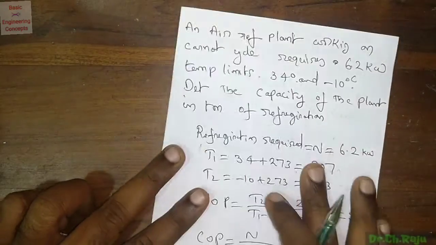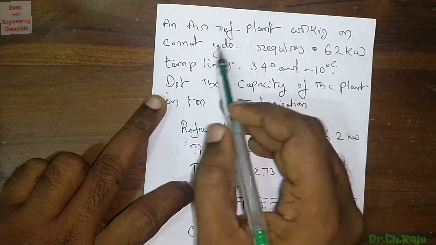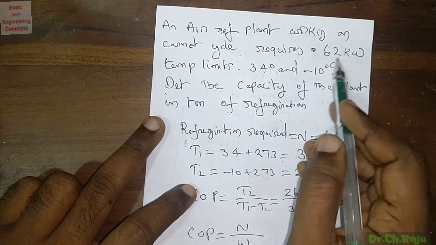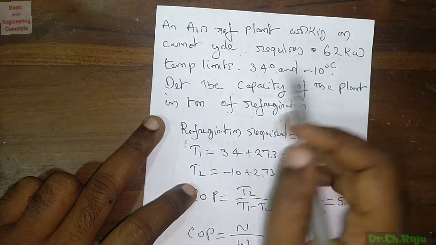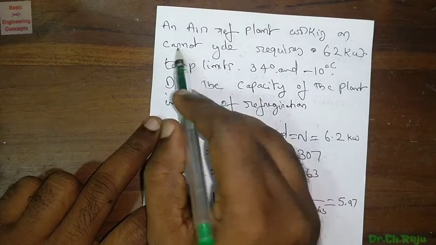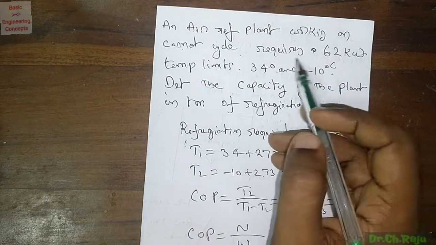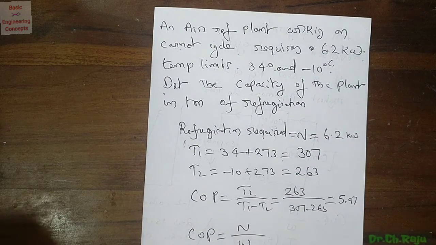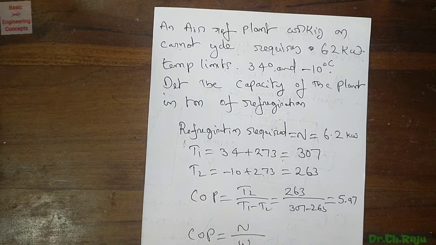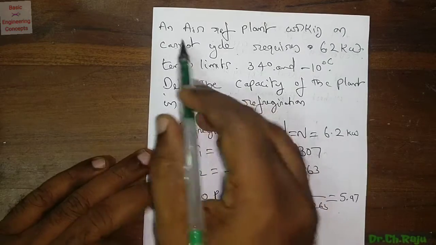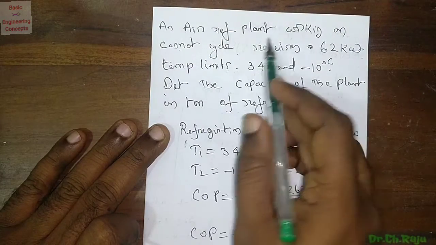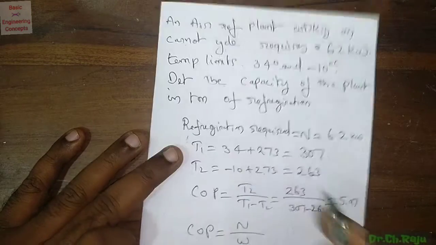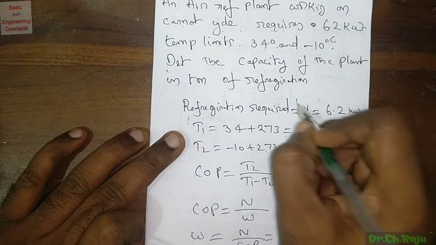Here is another example for the Carnot cycle. An air refrigeration plant working on a Carnot cycle requires 6.2 kilowatts.